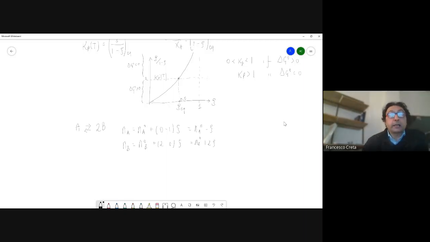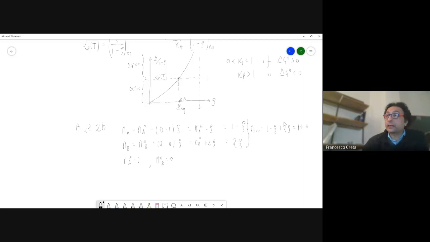Again, for simplicity, let's consider the initial number of moles of A equal to 1 and the initial number of moles of B equal to 0. So in this case, Na would be 1 minus psi and Nb 2 psi. In fact, the total number of moles will be equal to 1 minus psi plus 2 psi, which is equal to 1 plus psi.